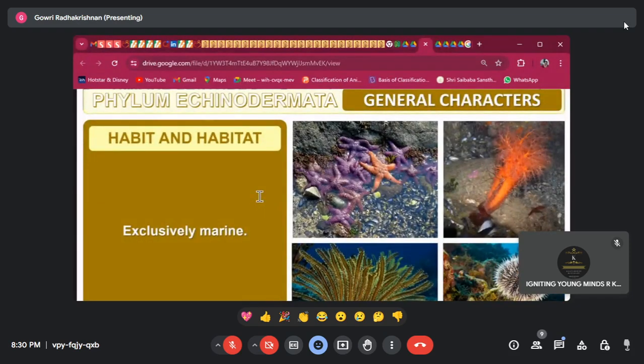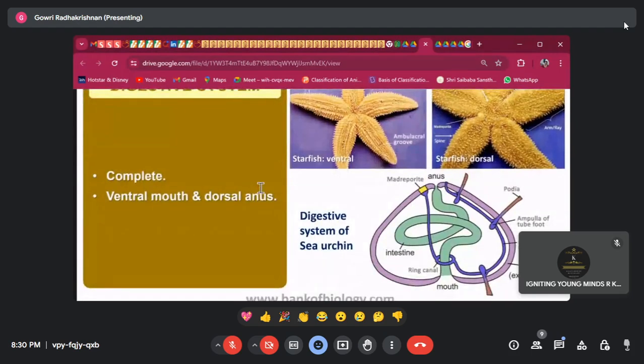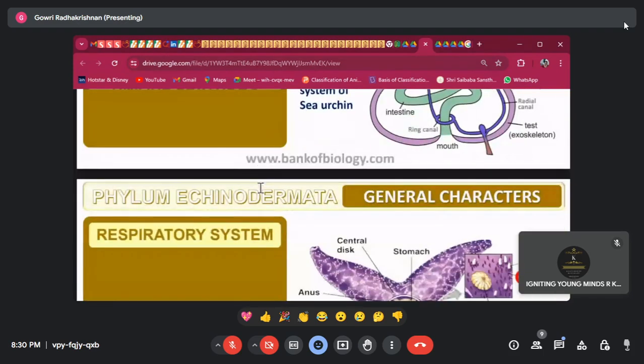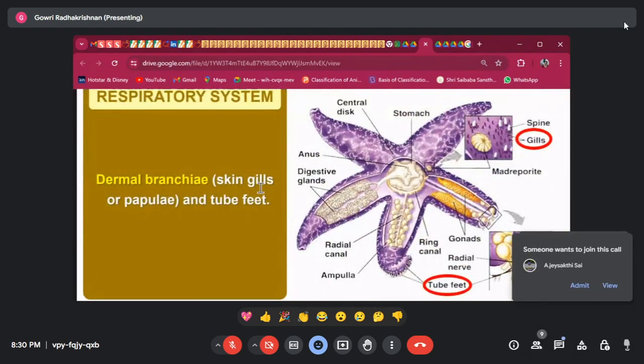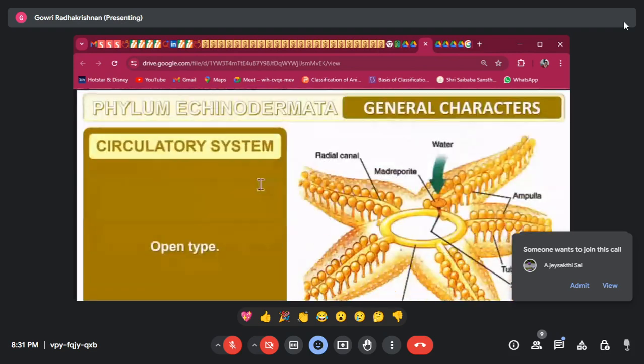Habitat is exclusively marine. You can see it's not terrestrial. Digestive system is complete, ventral mouth and dorsal anus. And respiratory system, dermal branchiae, skin gills or papillae, and tube feet.